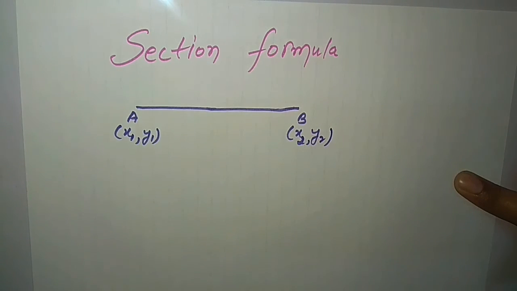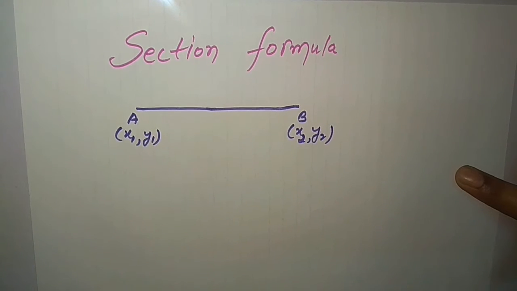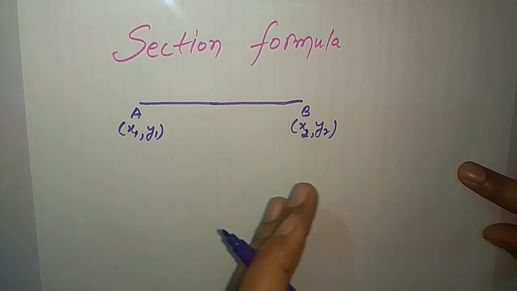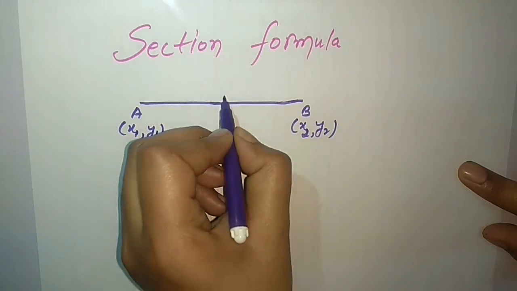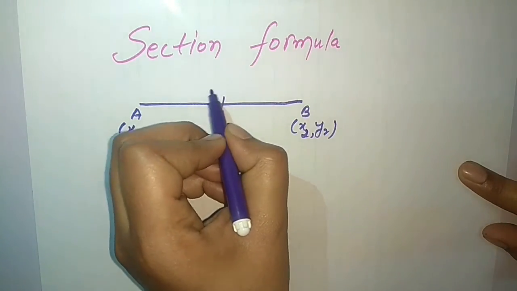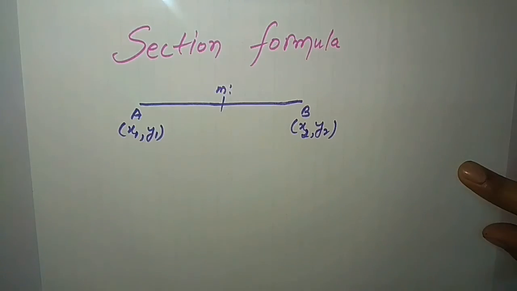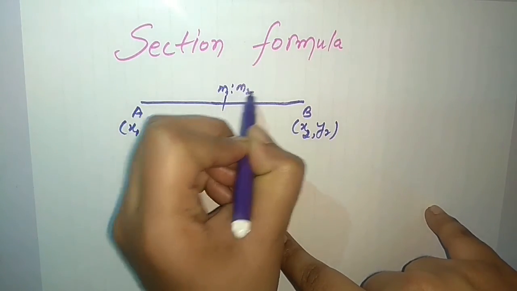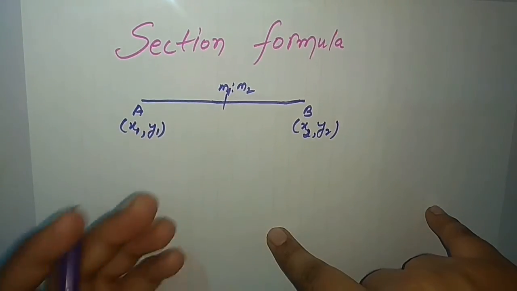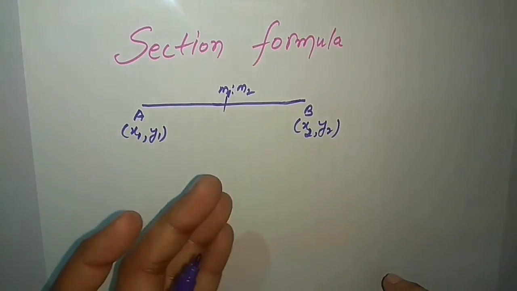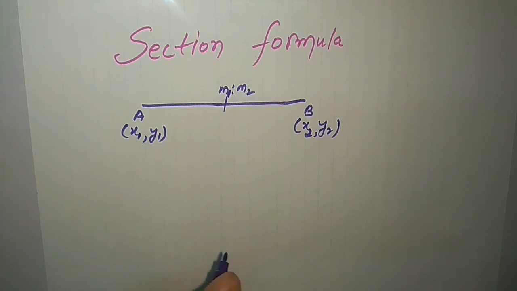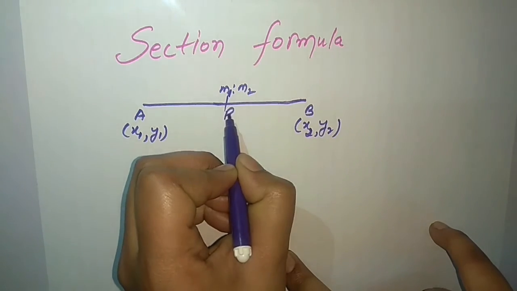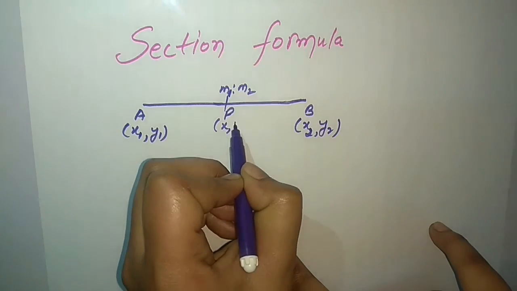And there is a point P which divides AB in the ratio M1:M2. In some books there is M:N, or in some books there is M1:M2. So let this point have coordinates x, y.